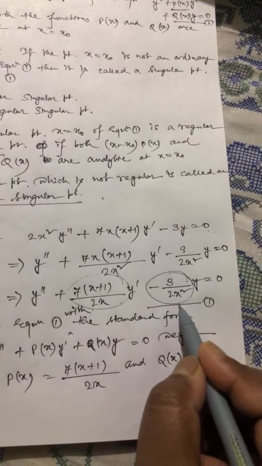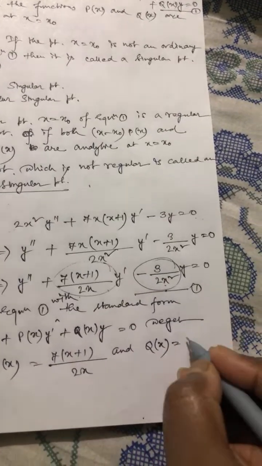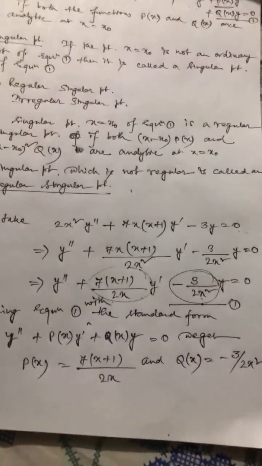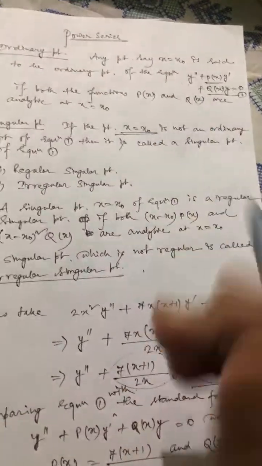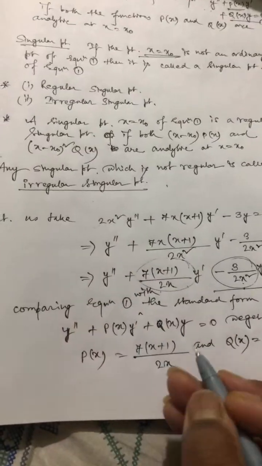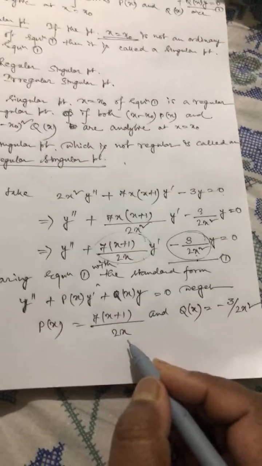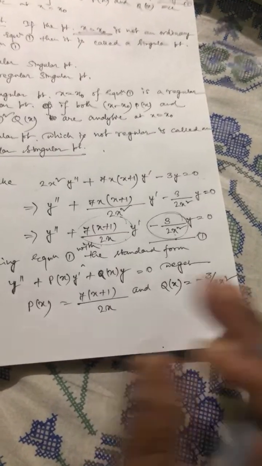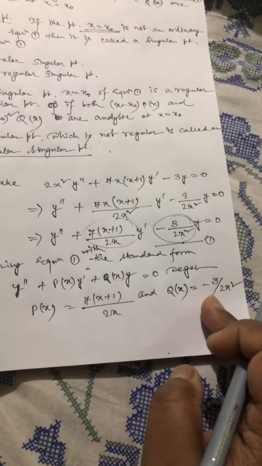This portion, as it is the coefficient of y, we are choosing this one as q x, minus 3 by 2x square. Now suppose we are testing at x equal to 0. That means x naught is considered as 0 in my present example. So clearly you can understand, if you put x equal to 0, because of the presence of x in the denominator portion, both p x and q x will be undefined.